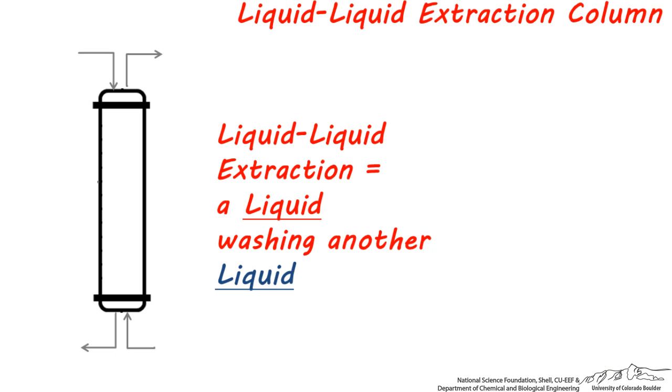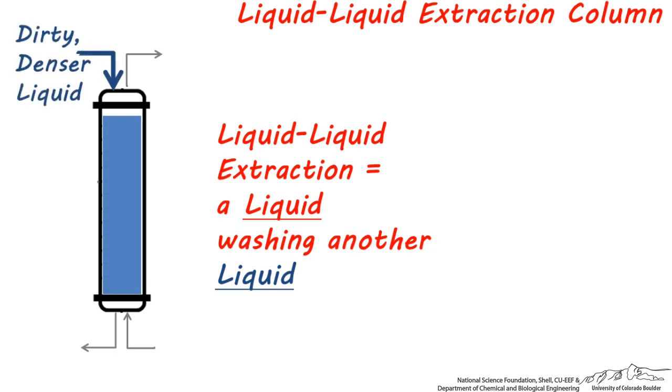The two liquids enter at opposite ends of the column, the heavier, denser liquid being pumped and introduced from the top, and the lighter, less dense liquid sent through the bottom. Since these liquids are immiscible, the bubbles in this diagram signify one liquid bubbling up through another liquid. These two liquids flow past each other countercurrently.